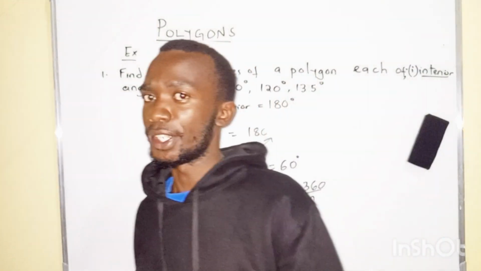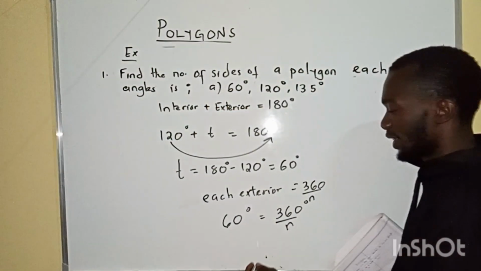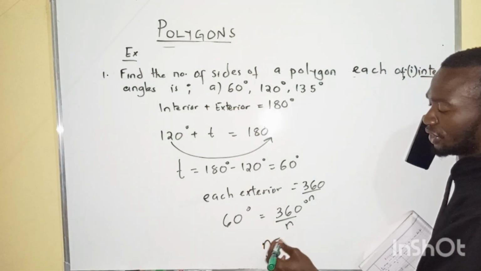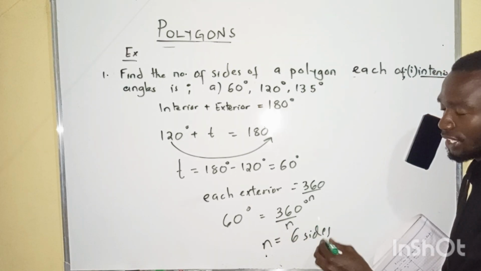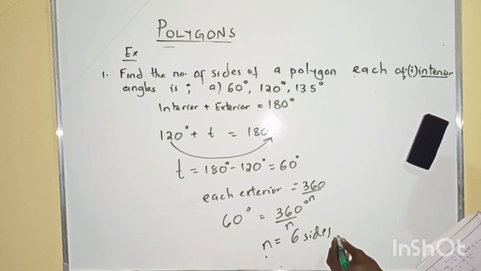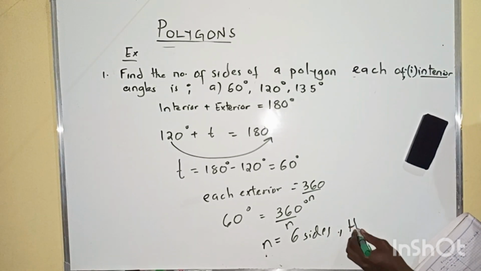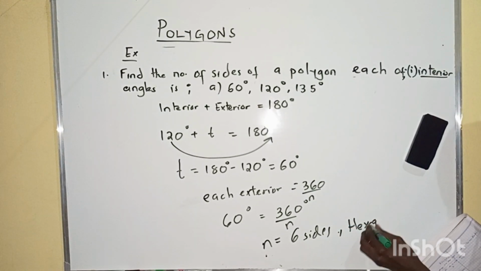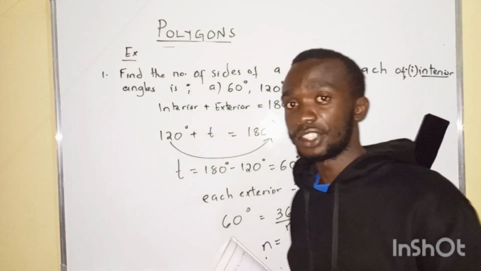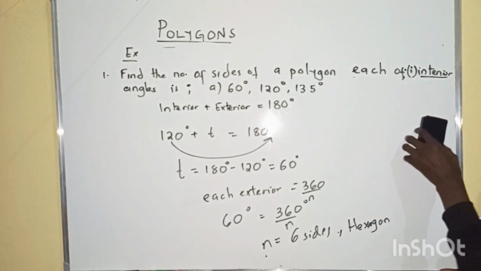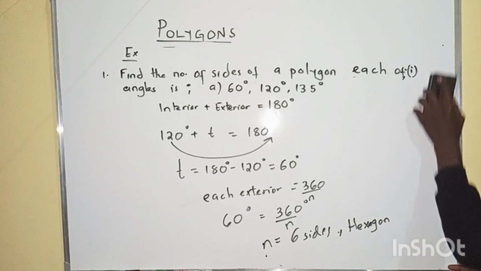When you do cross multiplication, you find that the number of sides n is equal to 6 sides. And a 6-sided polygon is known as a hexagon. So 135, I know you will try it. Let me go to where we have been given the exterior angle.